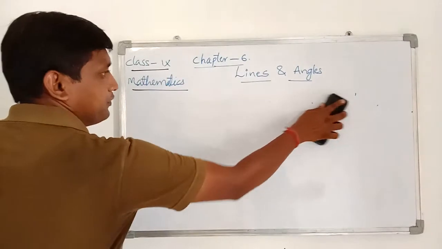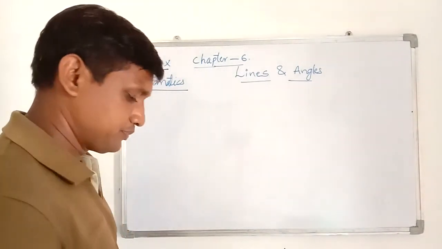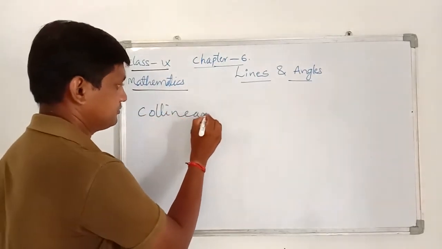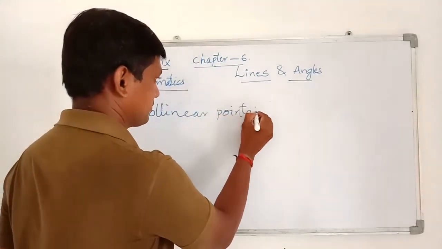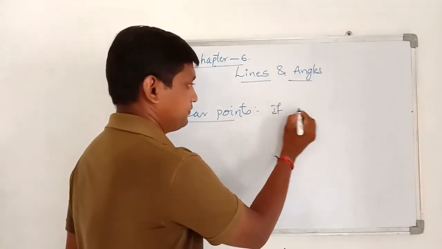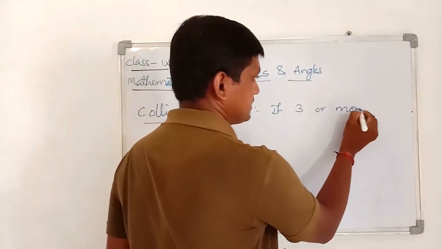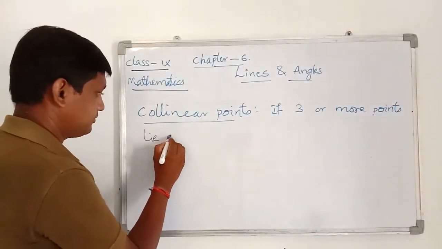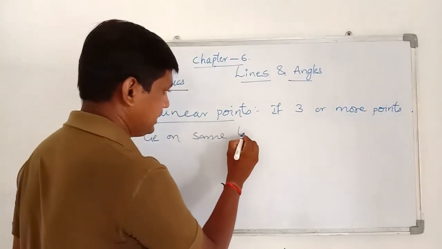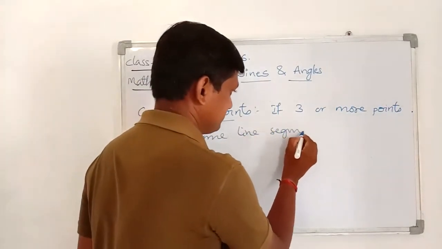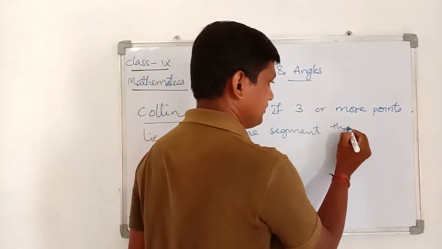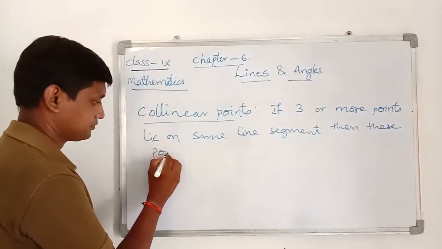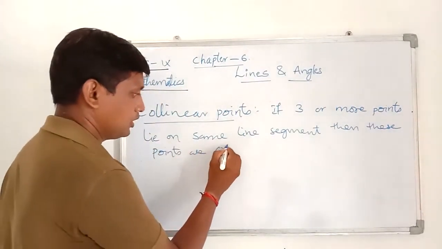If three or more points lie on the same line segment, then these points are called collinear points.